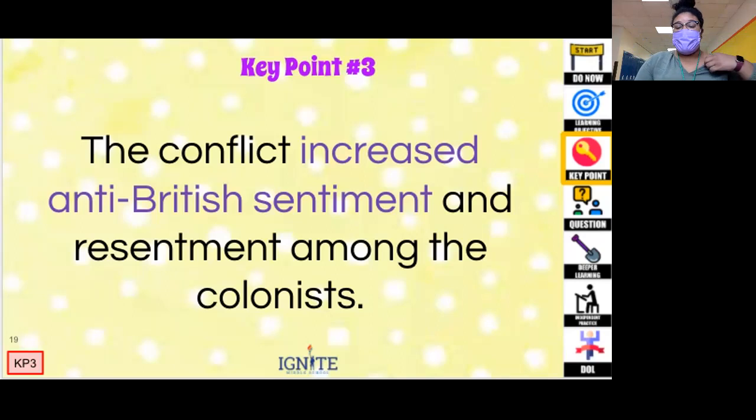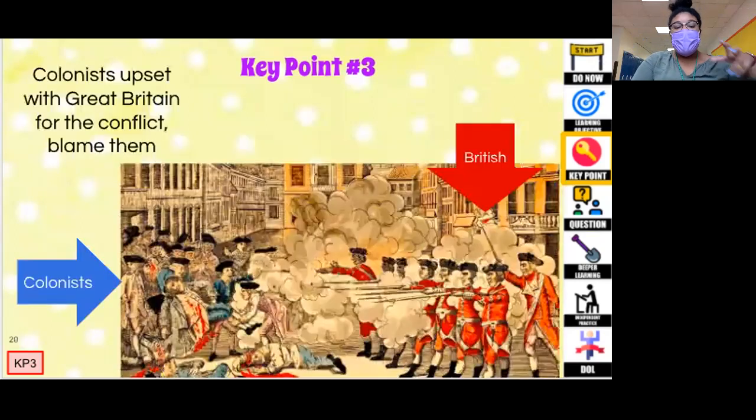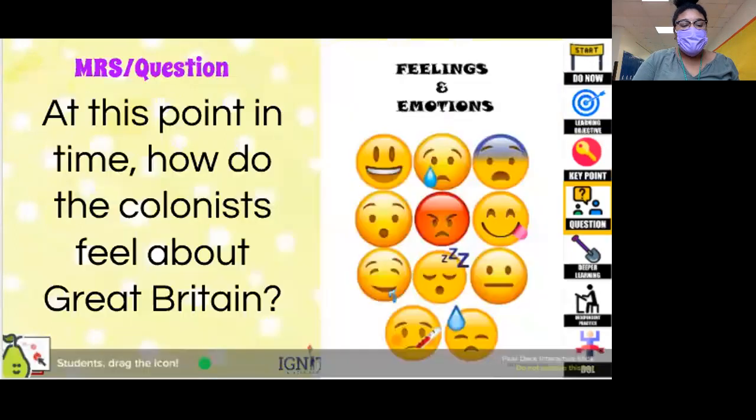After the Boston Massacre, the colonists are really upset with Great Britain, and they blame the whole Boston Massacre on the British soldiers. So this painting, again, we can probably guess a colonist painted it because it depicts the British being unnecessarily violent towards the colonists.